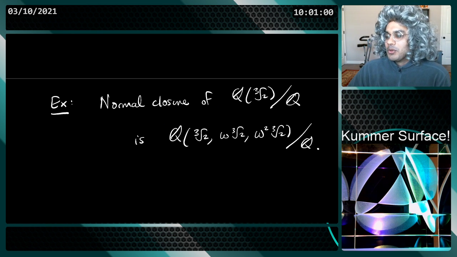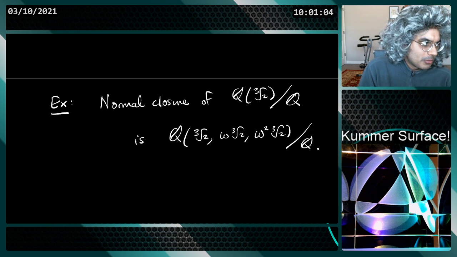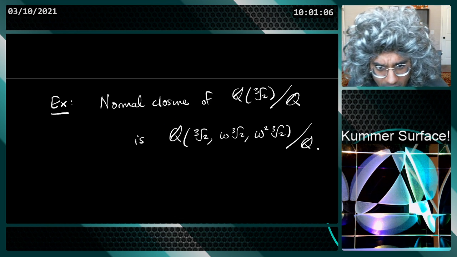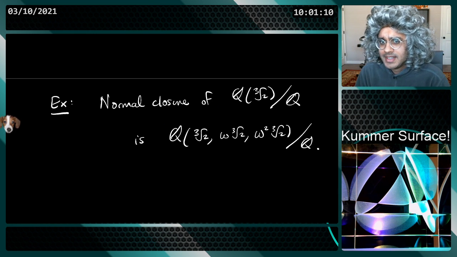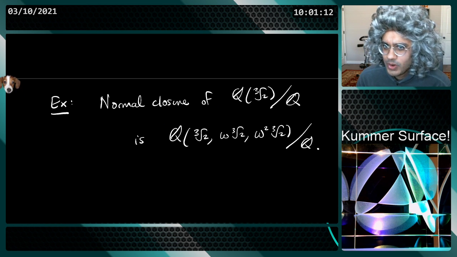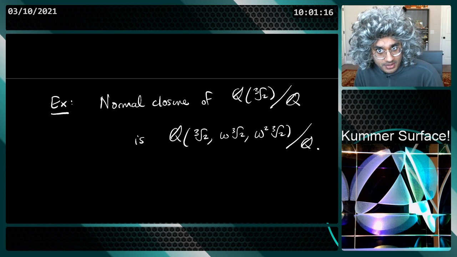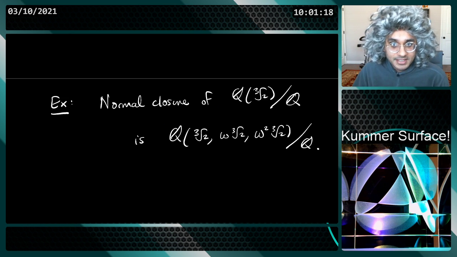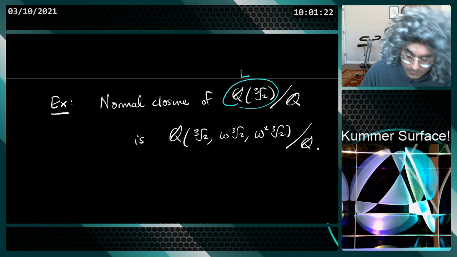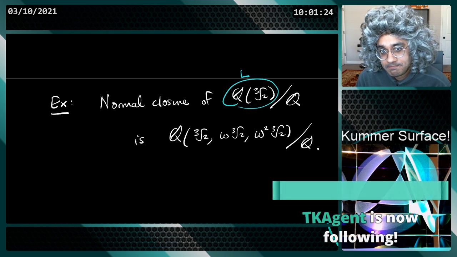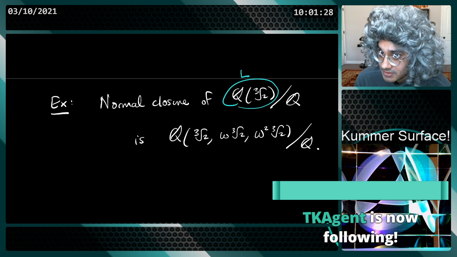We're doing some normal closing. We're closing up. Okay, this is the normal closure. All right. Now, why don't you try to understand why this is the normal closure? This is a normal extension that contains the first field L. And it's a splitting field, obviously.